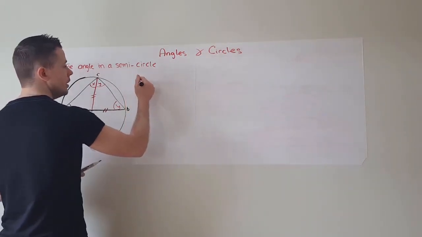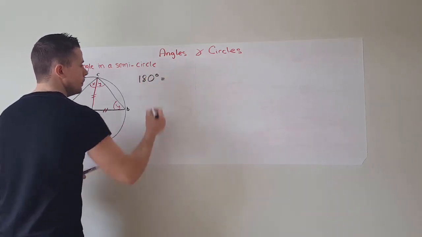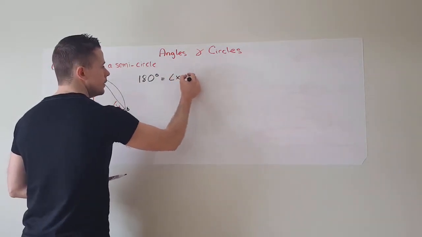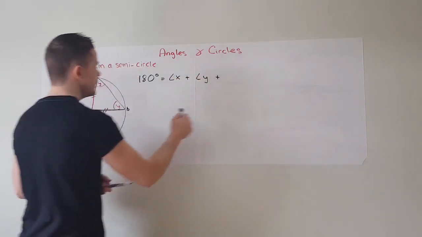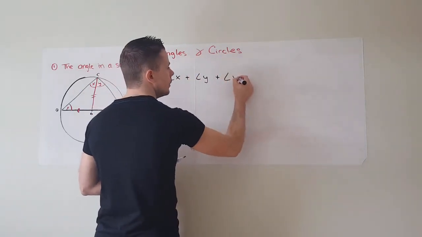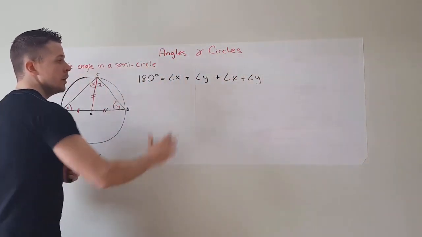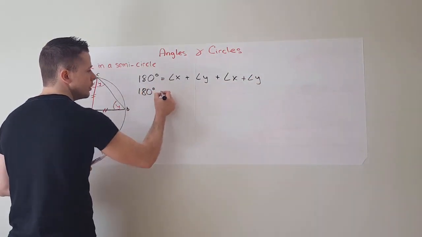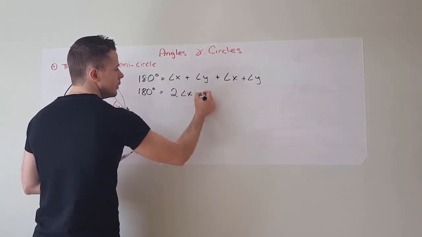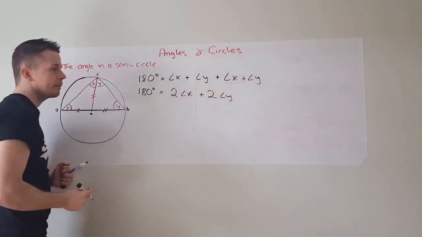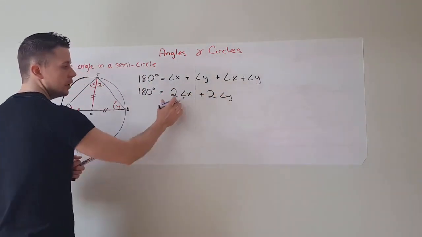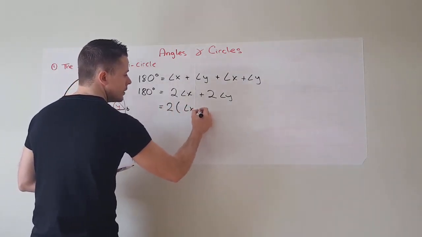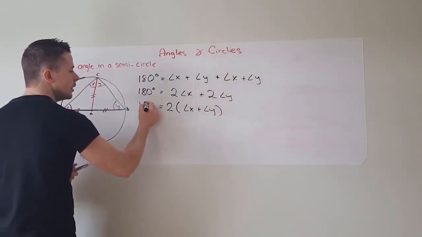So 180 degrees is equal to Y and X and X and Y. So it's the angle X plus the angle Y plus the angle X plus Y. Tidying this up, we have an X and an X and a Y and a Y, so 180 degrees is equal to 2 of the angle X plus 2 of the angle Y. We can say we have twice the angle X plus the angle Y is equal to 180 degrees.